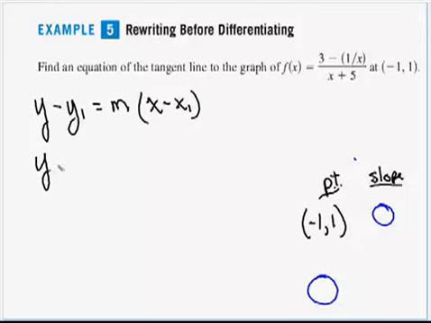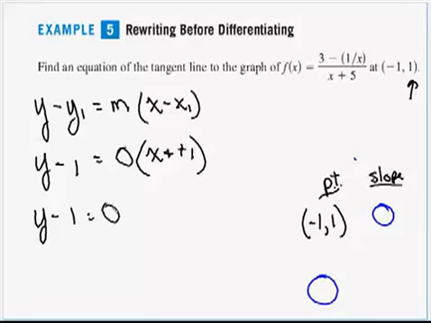Plug in our points: y minus 1 equals our slope of 0 times x minus -1. So x minus -1 becomes x plus 1. That's all wiped out by the 0. So we have y minus 1 equals 0. Add 1 to both sides. y equals 1.